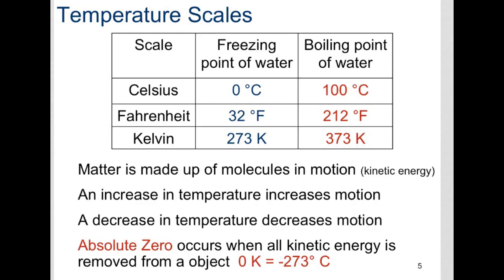Fahrenheit is what we normally use for temperature outside. When you say it's 80 degrees outside, you're thinking of Fahrenheit. It has a freezing point of 32 degrees Fahrenheit and 212 for the boiling point of water. And then there's kelvins.